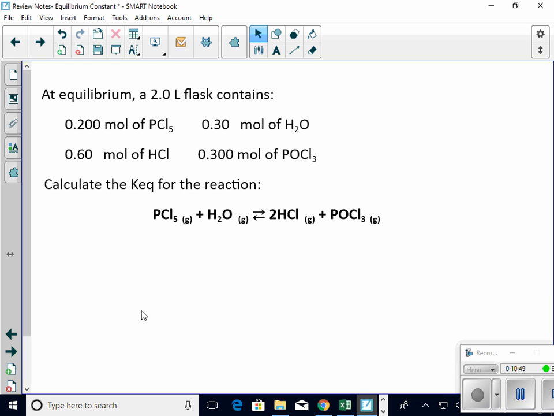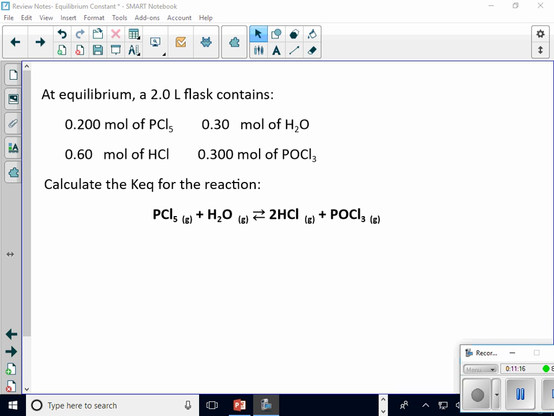Looking at this one, just to give you a hint, I'll let you copy it down first and we'll talk about it. What I'm going to do, folks, is give you a little bitty hint, and then I'm going to let you work this on your own. Remember that our concentrations need to be in molarities.